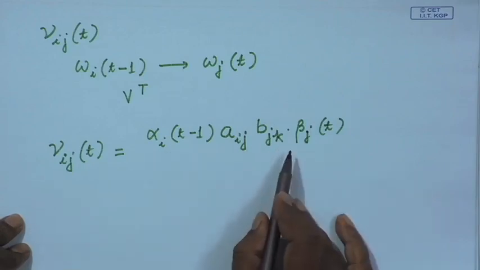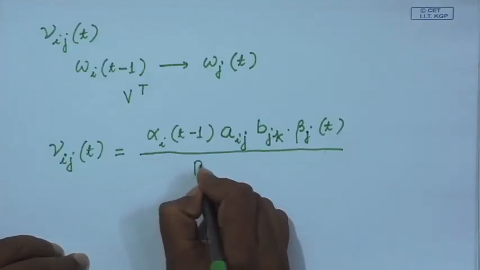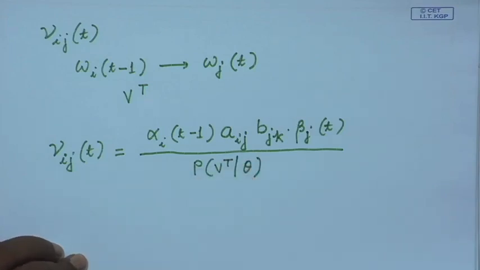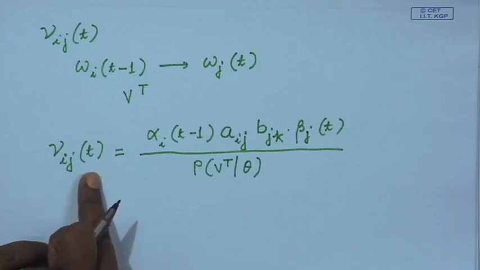So, this is the probability of transition from state omega i to state omega j in the time step t minus 1 to t, while generating the sequence V T, and this is divided by p of V T given theta. So, this will be my probability of transition from omega i to omega j in the time instant t.